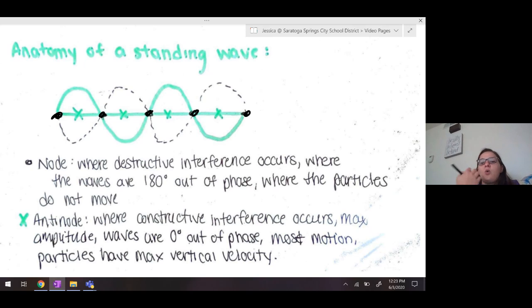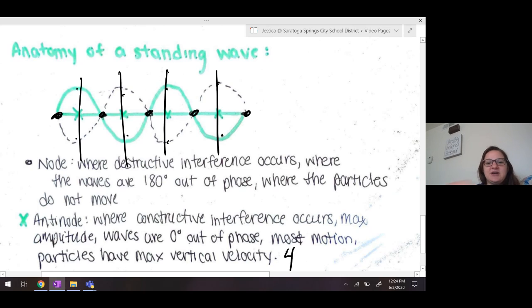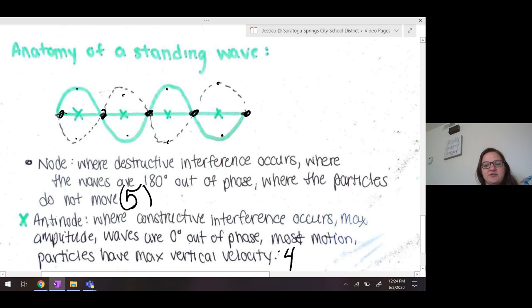Okay. Now, one thing a lot of students do is they'll accidentally count the antinodes incorrectly. They'll count 1, 2, 3, 4, 5, 6, 7, 8. There's not 8 antinodes here. There's only 4. There's 4 areas of maximum amplitude. Whereas there are 5 areas of no motion.